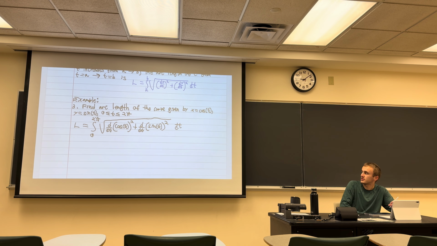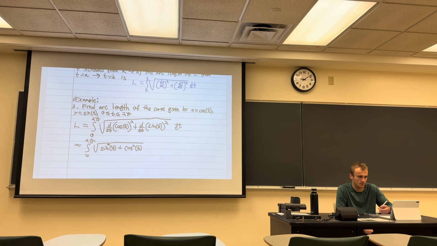So from here, we just got to compute what's on the inside. So 0 to 2 pi square root d dt of cos of t, quantity squared, that's going to just be sine of t squared, plus d dt of sine of t squared is just cos squared of t.